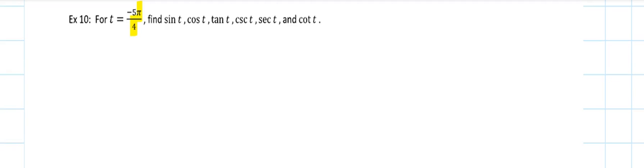So let's do that. Let's draw ourselves a quick picture. And remember, if we are calculating negative angles, we'll be going in reverse. This will be clockwise. So I like to do this by counting. I know if I go this way, I have negative pi over 4.